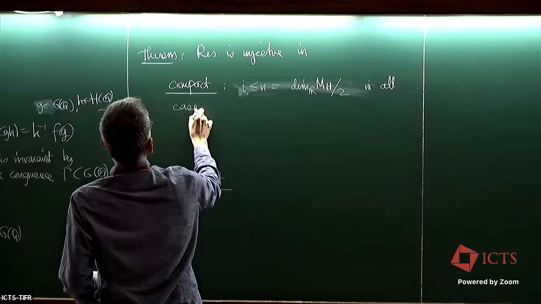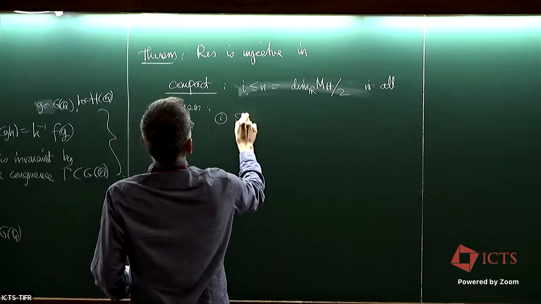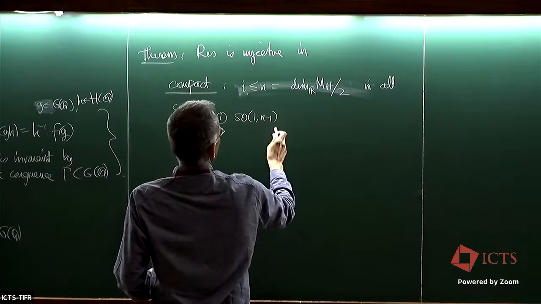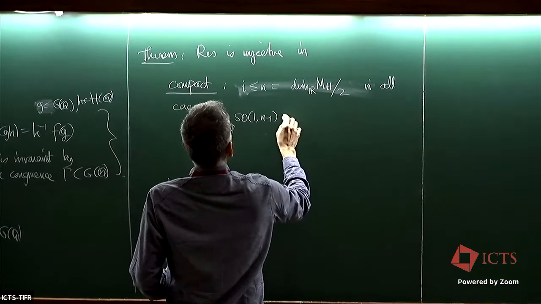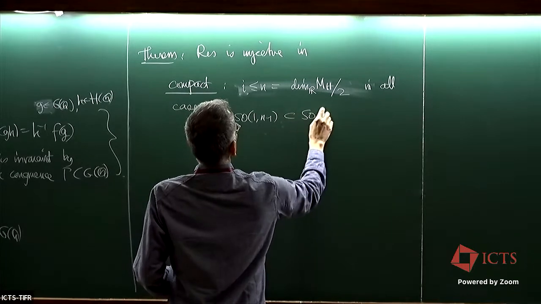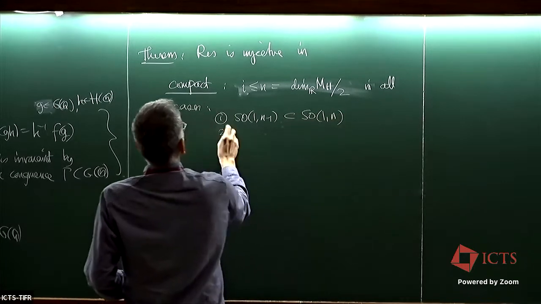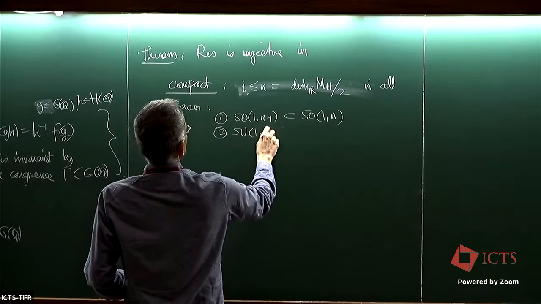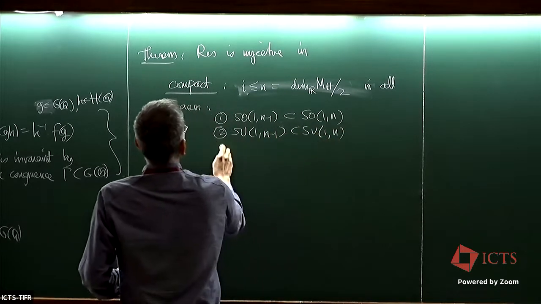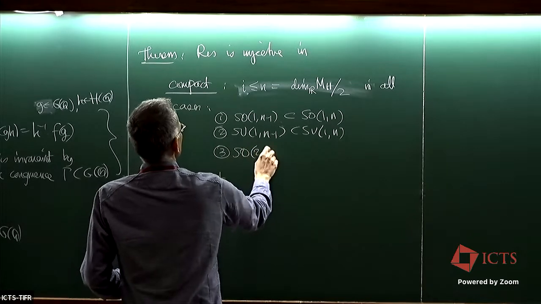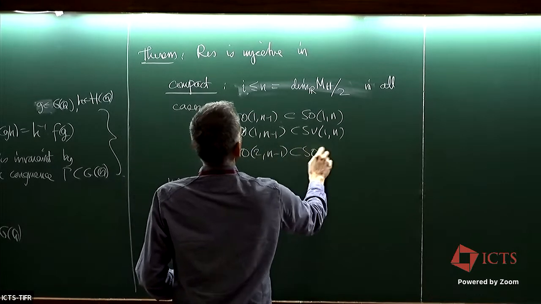So what are my cases? I'll just enumerate them again. SO(1,n-1) sitting inside SO(1,n), SU(1,n-1) sitting inside SU(1,n), and three, SO(2,n-1) sitting inside SO(2,n).